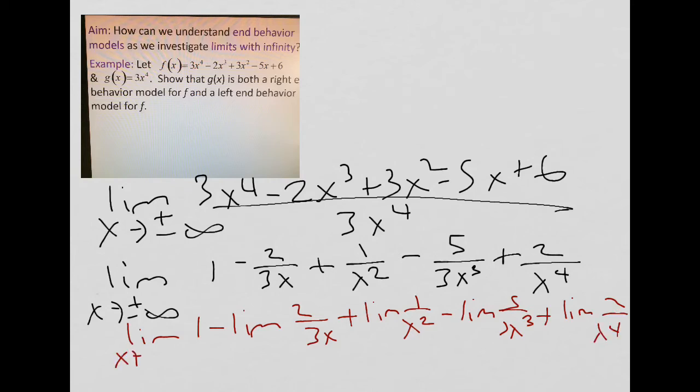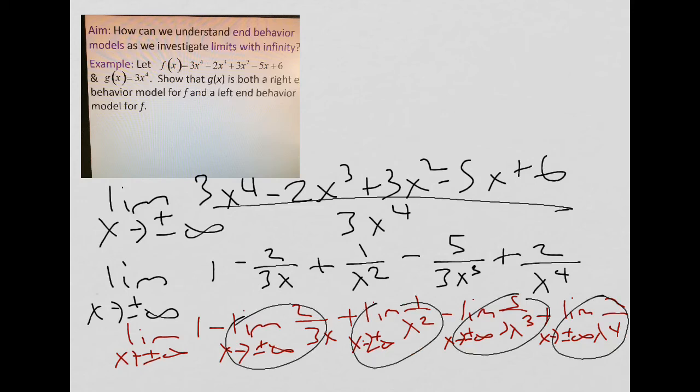This is a good one because we know that as we do the limit of c over x to the r, whether c is 2/3 or 1 or 5/3 or 2, as x approaches positive infinity or negative infinity, these all become 0.